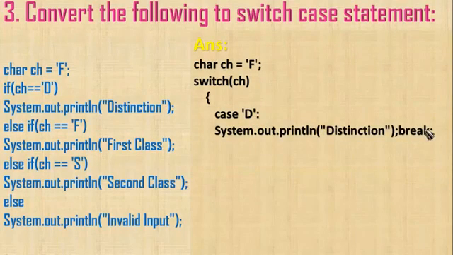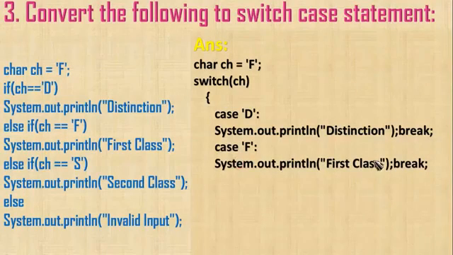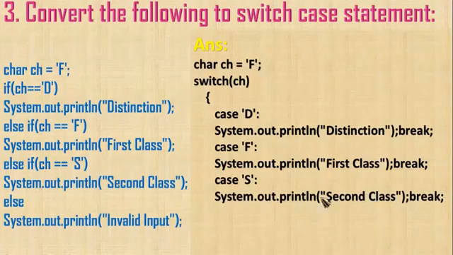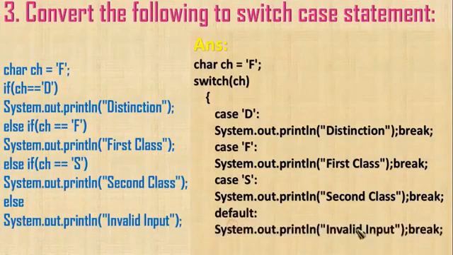And then we are supposed to give break and then else if, that is again case F we are checking. Again printing statement, then break. Next, if it is yes, the printing statement, break. Else will be default here and then it will be invalid input and then break.